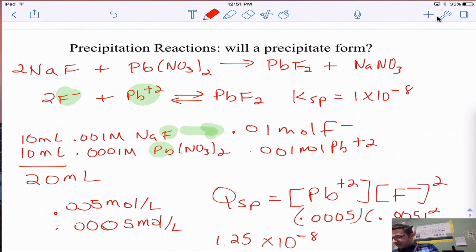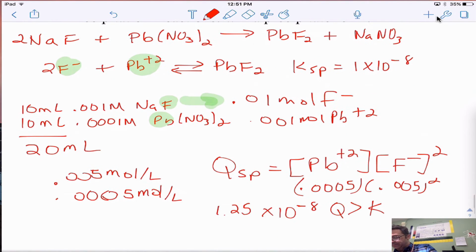Now, this Q value is greater than my K value. Since I have more ions than I am supposed to have in solution, my Q is greater than my K, so I would be saturated. And yes, when I'm saturated, a precipitate will form.